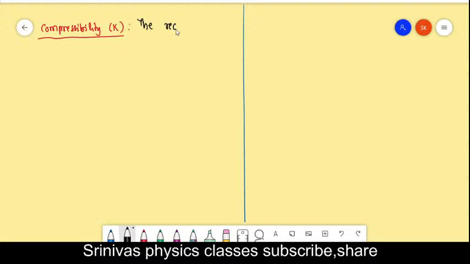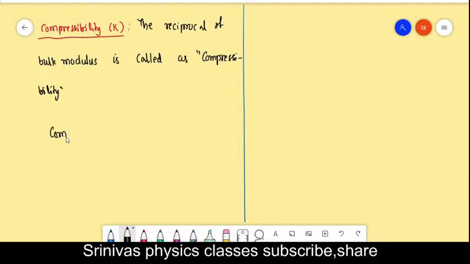The reciprocal of bulk modulus is called compressibility. The compressibility formula is 1 by bulk modulus.